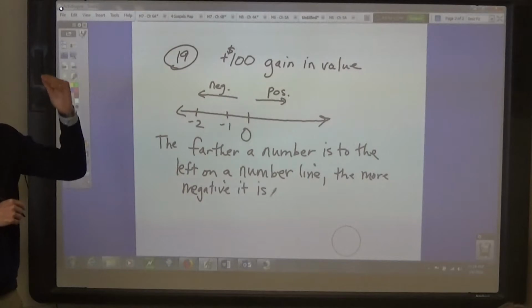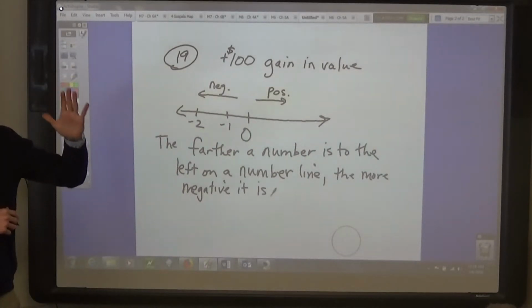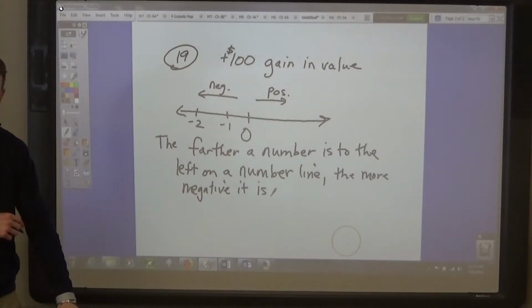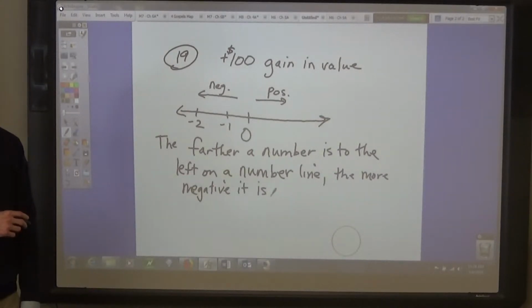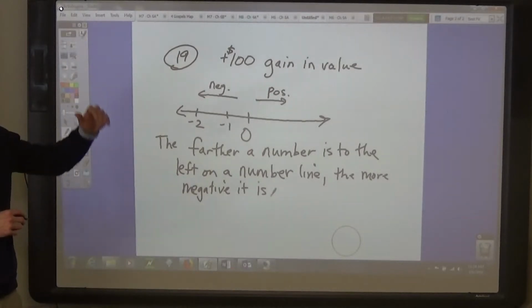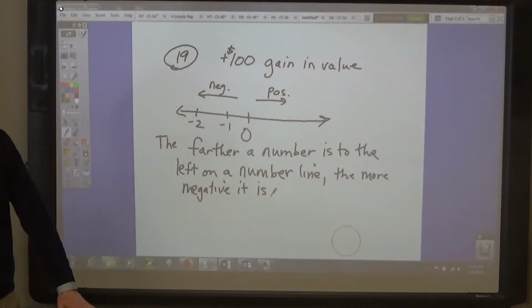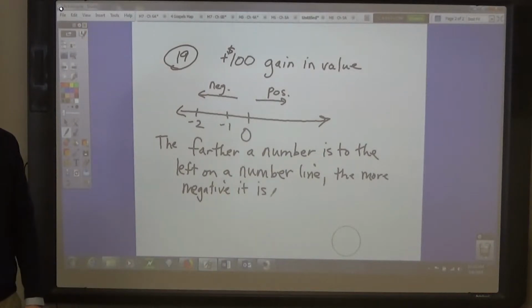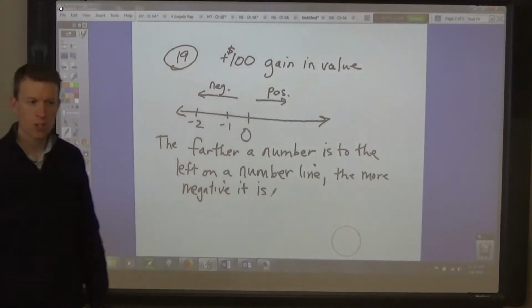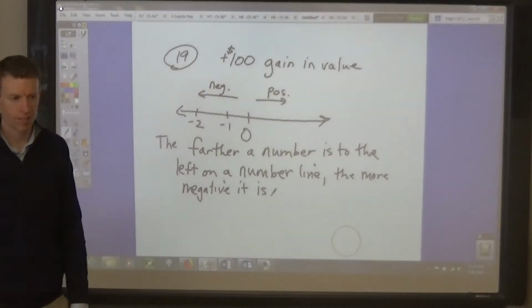Think about on a temperature gauge. The farther below zero, how would you describe those temperatures? The farther the number is below zero, how would you finish that sentence? Abby? The colder the weather. Exactly, the colder the temperature is.